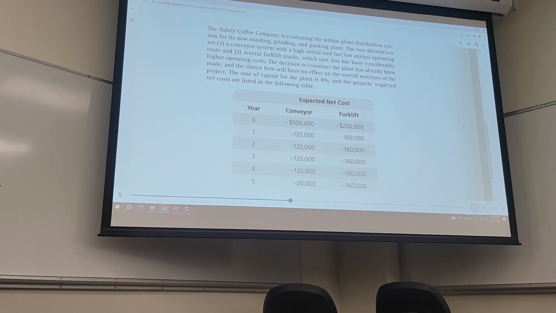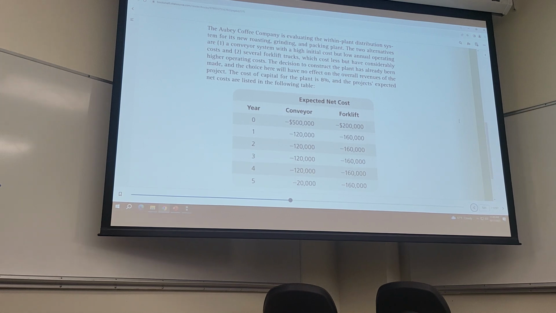Nothing but outflows. Or you can get a forklift, so you're not going to have a conveyor, you're going to have the forklift instead. It's going to cost less, but the annual expenses to run it are going to be more. You've got to have one of the two. So here, they're not both going to have a positive NPV. If I discount those numbers, since they're all negative, I'm going to have a negative NPV.